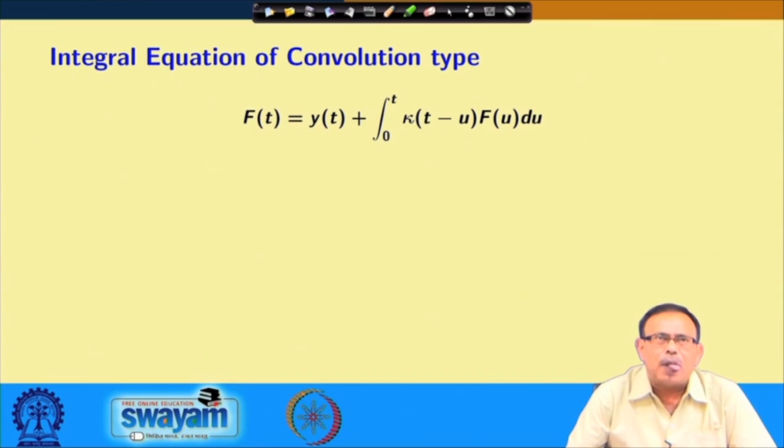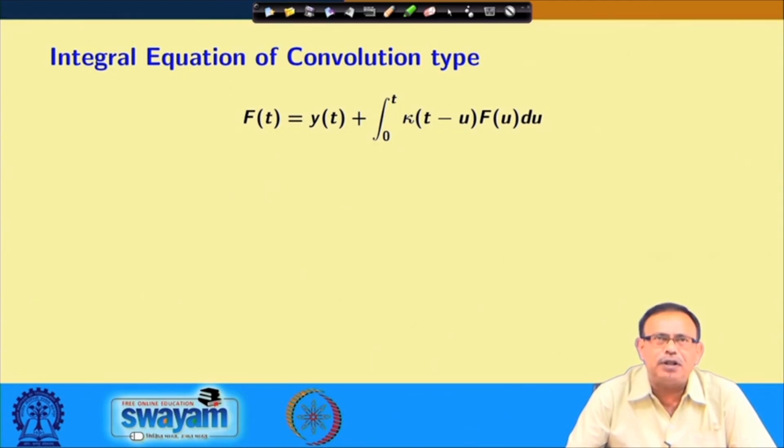Another one is the integral equation of convolution type, which takes the form f(t) equals y(t) plus integral from 0 to t of k(t minus u) f(u) du. If you remember, for the convolution type the function should be f(x) into g(t minus x).